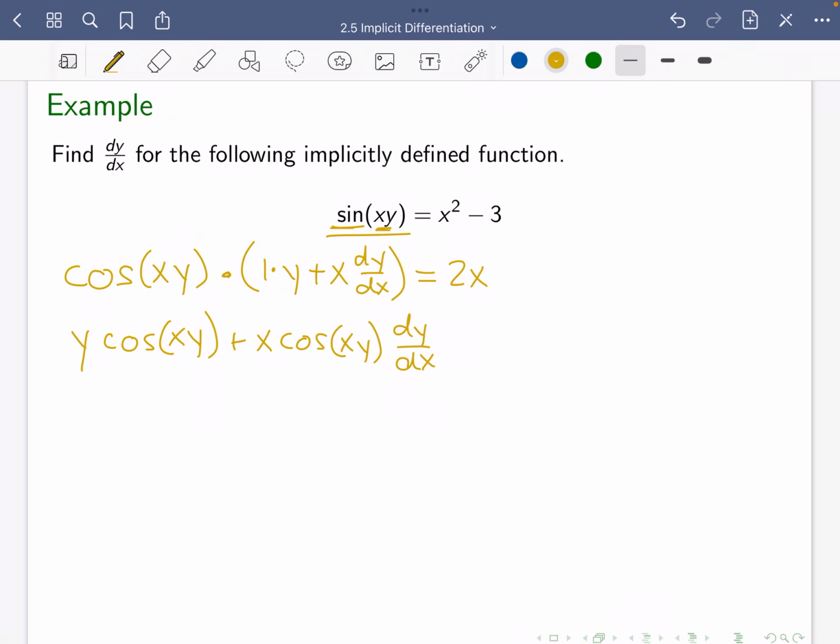Our goal is to get dy/dx all by itself. So let's move the y cosine xy to the other side by subtracting it.